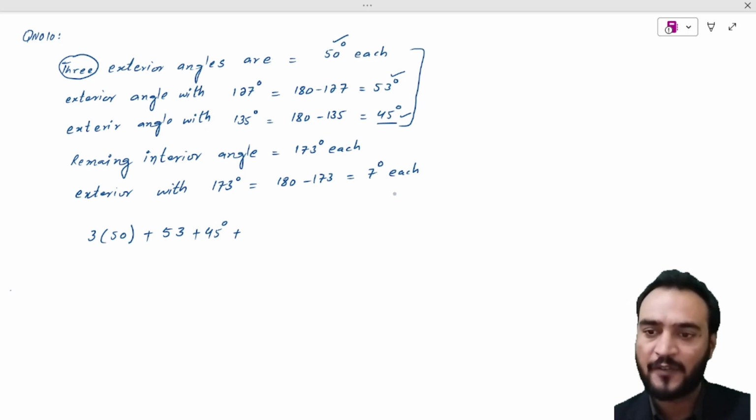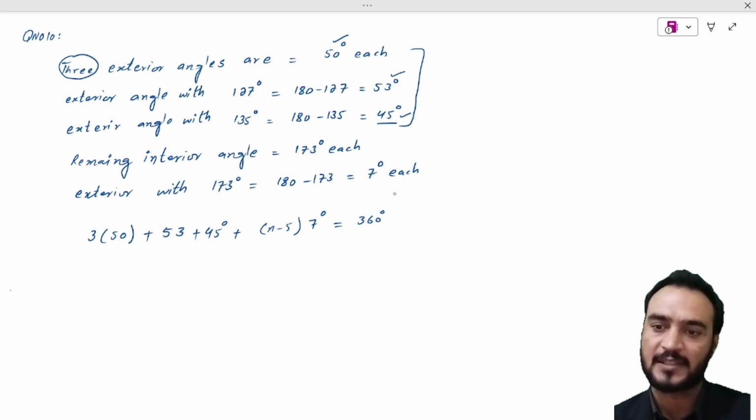These n minus 5 angles are of 7 degrees each, so we multiply n minus 5 by 7 and put this sum equal to 360 degrees, because the sum of exterior angles of any polygon is equal to 360 degrees.